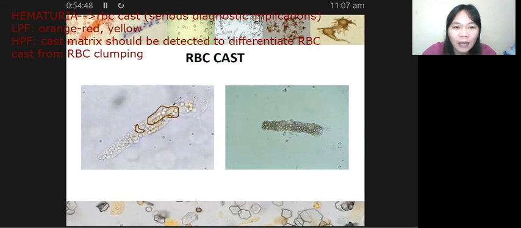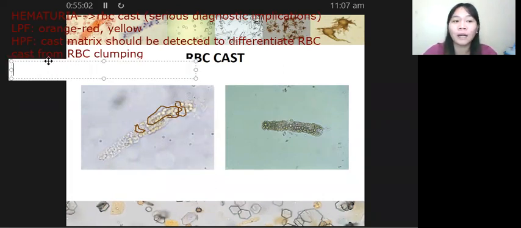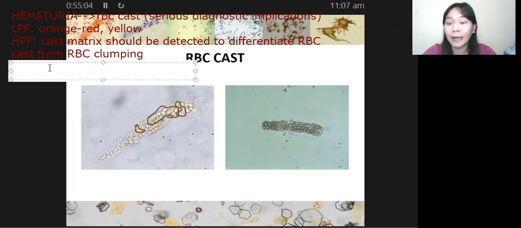'Di ba? Ayan, nakikita mo talaga na may matrix to which your cells are trapped. Okay? So, yan. And apart from that, katulad nga ng sinabi ko, when it comes to your hemoglobinuria and your myoglobinuria, you have to correlate.